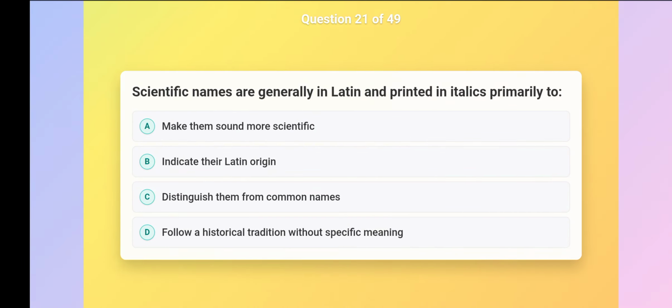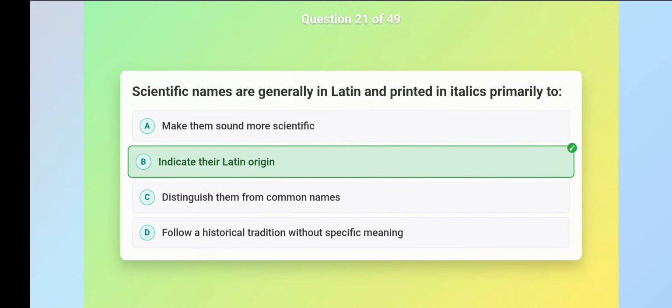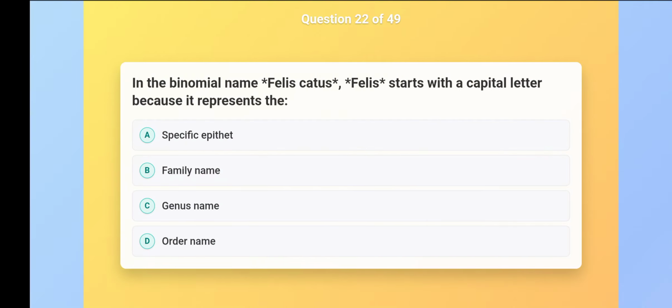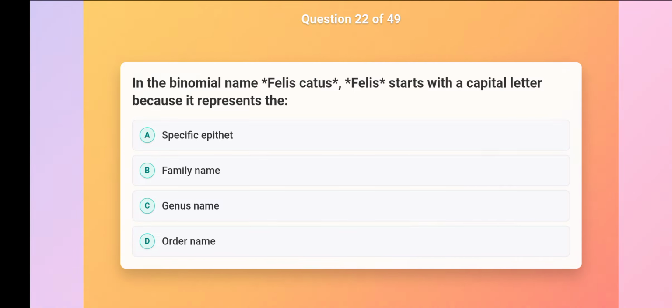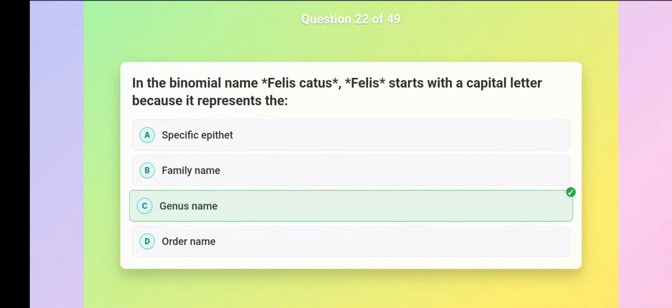Scientific names are generally in Latin and printed in italics primarily to indicate their Latin origin. In the binomial name Felis catus, Felis starts with a capital letter because it represents the genus name.